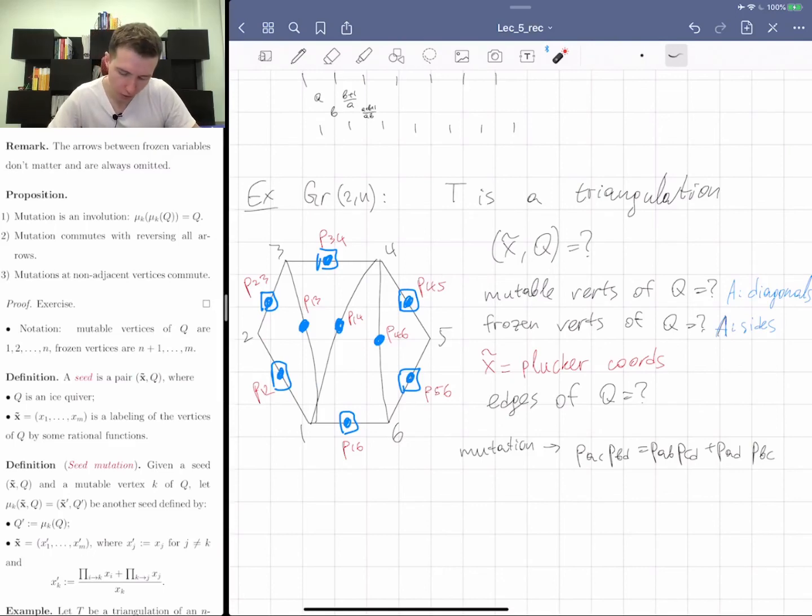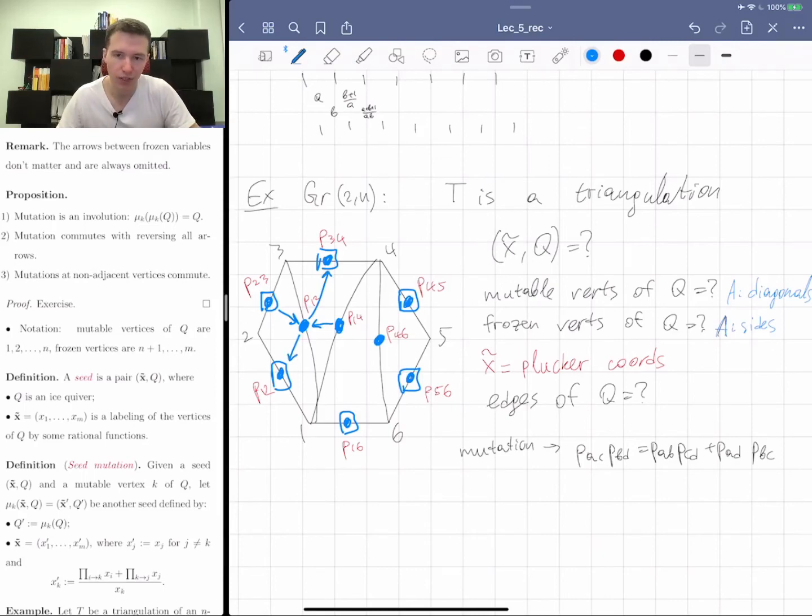Anyway, you choose some quadrilateral. Let's say I choose 1, 2, 3, 4. If I want to flip this diagonal P13, then it's going to change according to this rule. One of the products is going to be P23 times P14, and the other one is going to be P12 times P34. So I'm supposed to have incoming arrows from these two vertices and outgoing arrows into these two vertices.